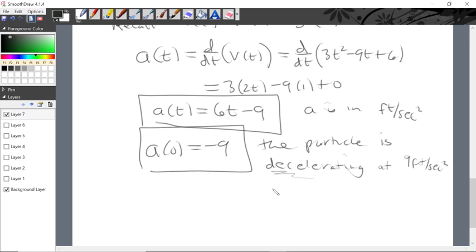I'm saying it's changing its speed in the opposite direction of its travel. So while the object is moving to the right, the amount it's moving to the right is becoming less and less. In other words, the acceleration is opposite of the direction that it is currently traveling. That is a deceleration.